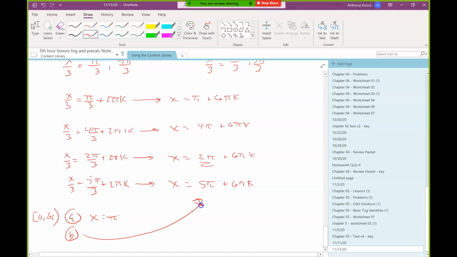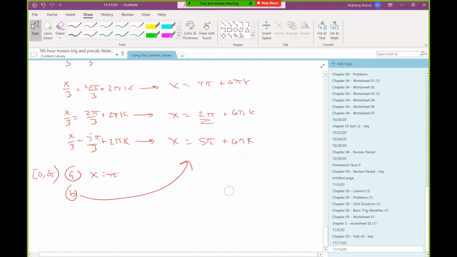Our answers for B are right here. Or if you wanted to, you could combine them together, but those answers are fine. And then we have negative 2 pi to positive 2 pi. But notice on the interval for C, the bracket is square on the 2 pi.